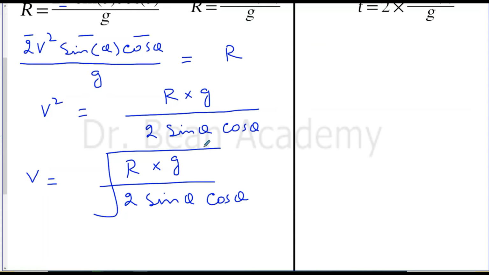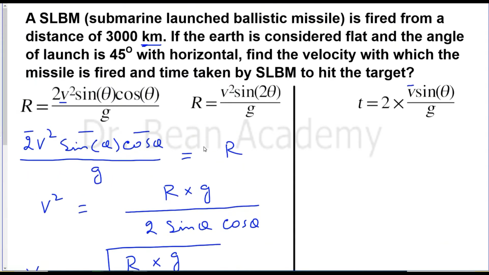But before that, I want you to have a look at the unit of the range, 3,000 kilometers. We know the standard base unit of displacement or distance is meter, not kilometers. So it happens very frequently that they give you a unit with a prefix in the question.